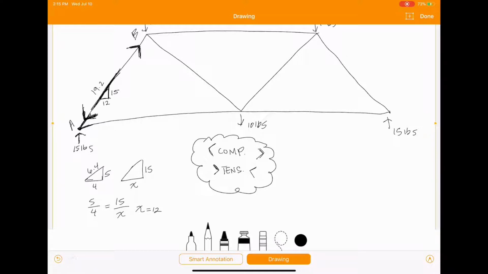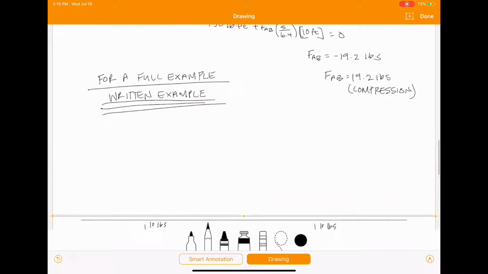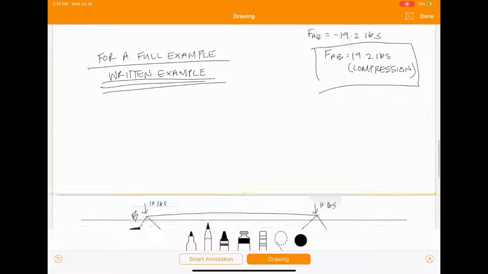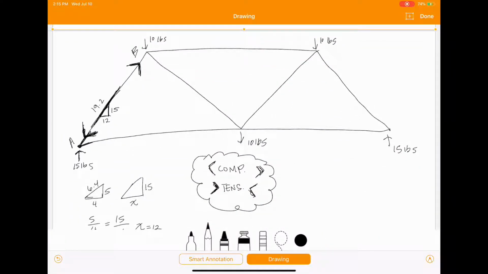But just remember that it's opposite of what's intuitive, and you'll be okay. So away from each other, compression, towards each other, tension. So for force in AB, we have 19.2 pounds in compression, which we can go up here, and that's exactly what we got here. So great, we checked ourselves, awesome.